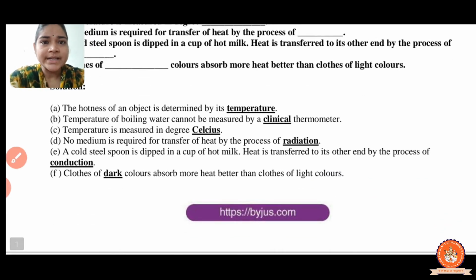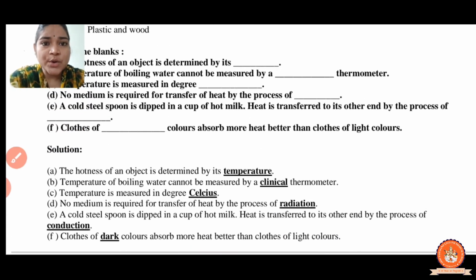Got it? Now the next question: a cold steel spoon is dipped in a cup of hot milk.